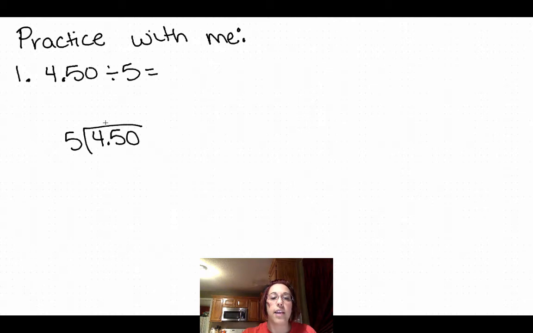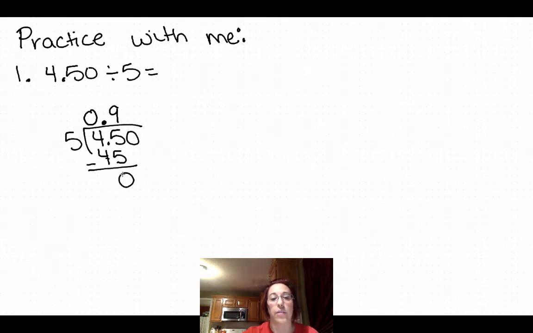Step 1 is to take this decimal and move it up into the quotient, and then we divide like normal. So first step is divide. How many times will 5 go into 4? None. Put a 0 up there. How many times will 5 go into 45? 9. 9 multiplied by 5 is 45.